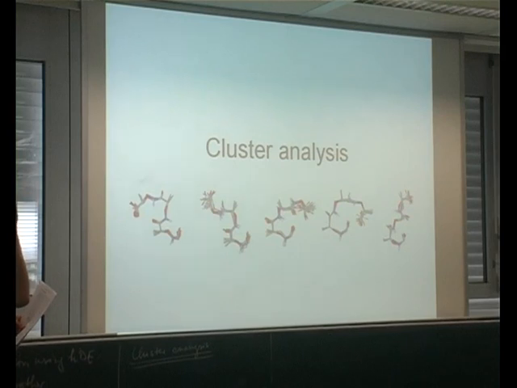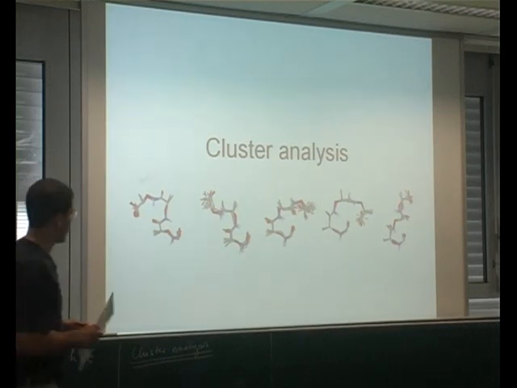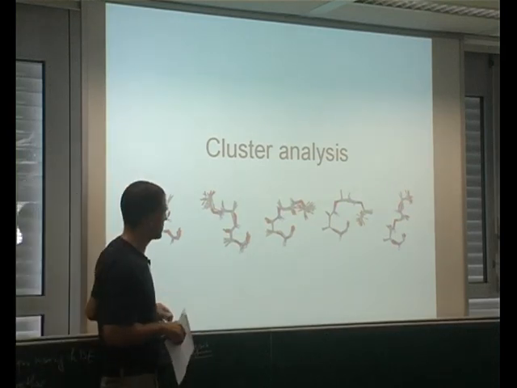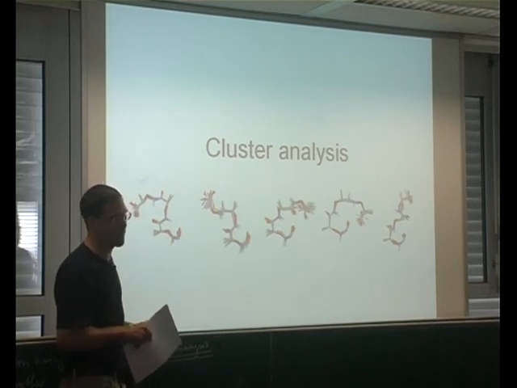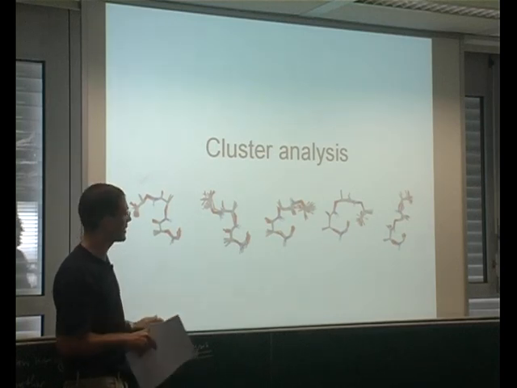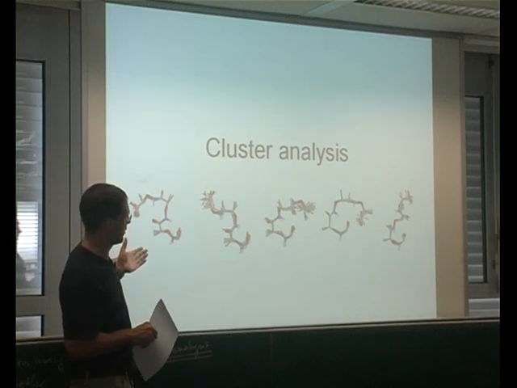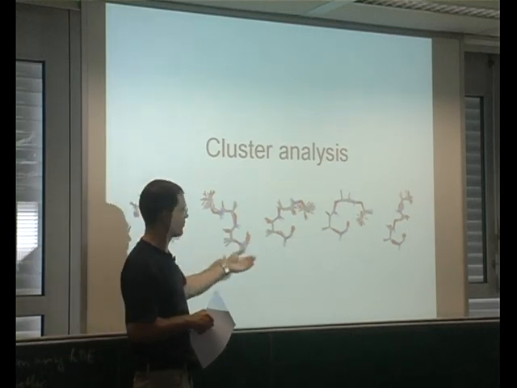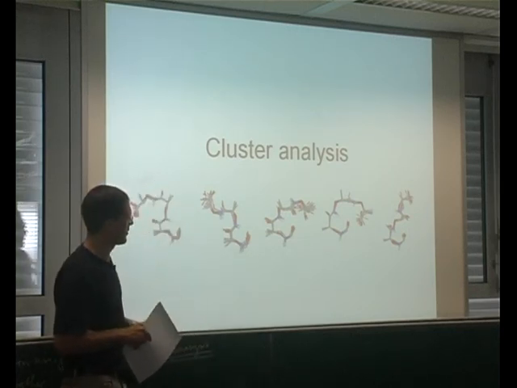I used to work in a group where people ran molecular dynamics simulations of molecules like that or big proteins, and these calculations would run for weeks at a time. By integrating these equations of motion, you would get many different configurations.